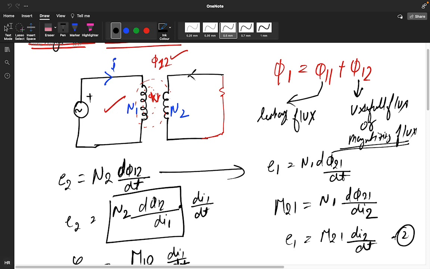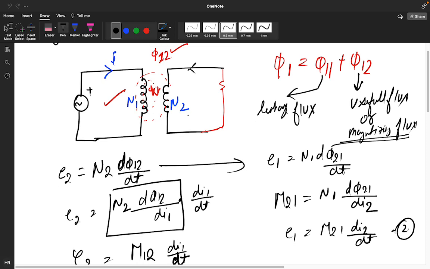If I want to find the EMF because of this coil N2, so E2, my EMF, will be generated. E2 is equal to N2 into dφ12, because of this flux linking to the other coil.